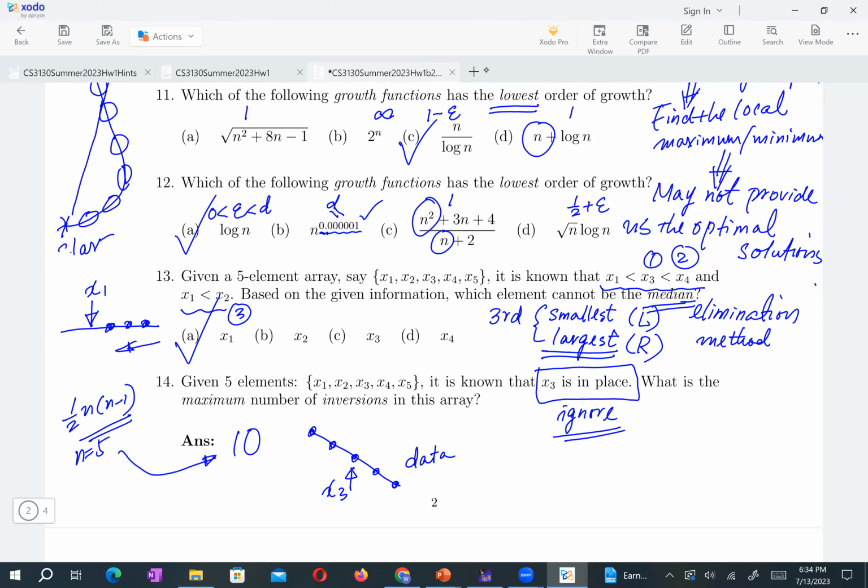We put X3 in place back into this descending order, no change. It fits there well. Nothing to do, you do not need to do anything. That's what we need.